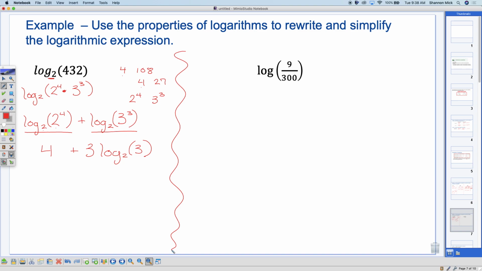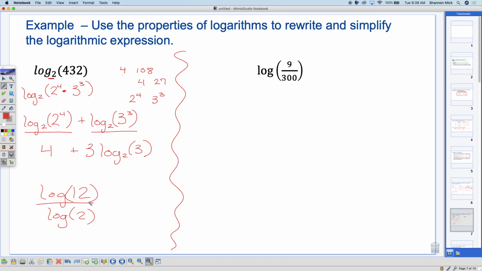There's a couple things we could do here. Remember when I had log of 12 over log of 2? You can't divide that, and if you put parentheses, it helps you from stopping to reduce that as well. But you can divide this because it's all in one log, so I could divide it before I started. 3 goes into both of them.